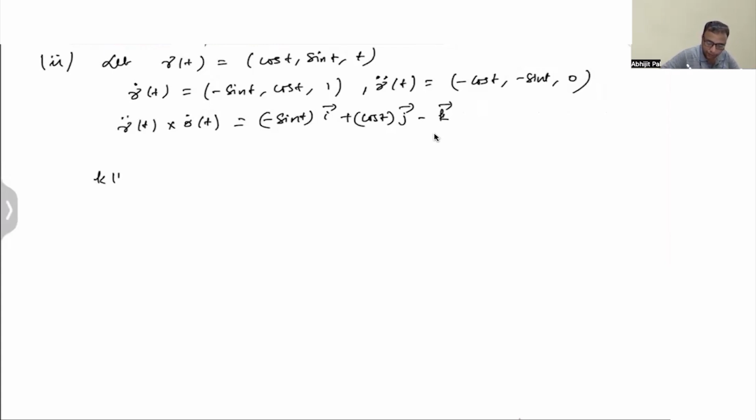So this k(t) will be given as follows. It is the norm of gamma double prime t cross product with gamma dot t, divided by the norm of gamma dot t whole cube.